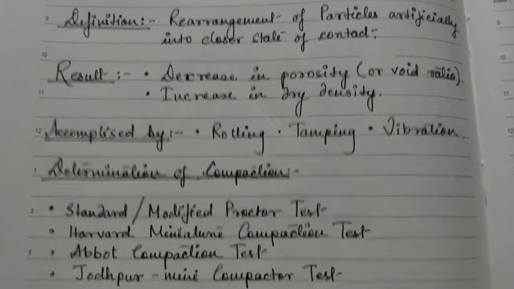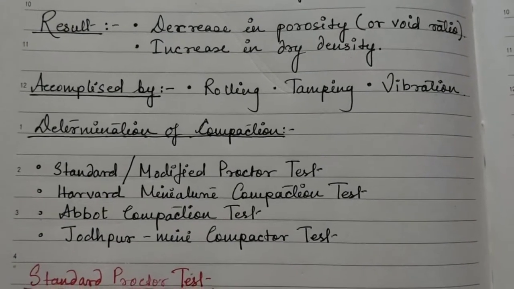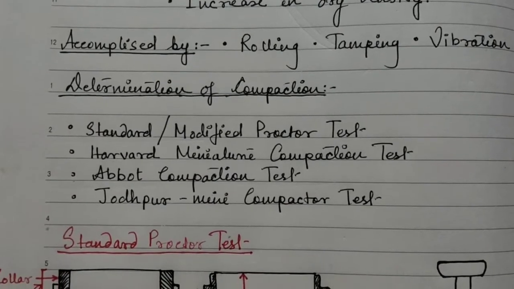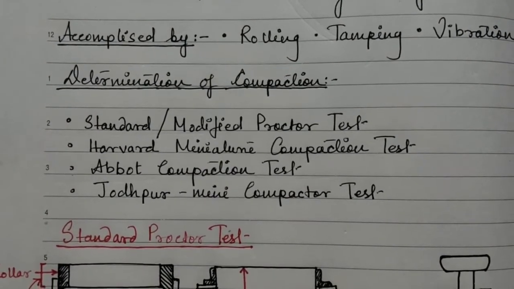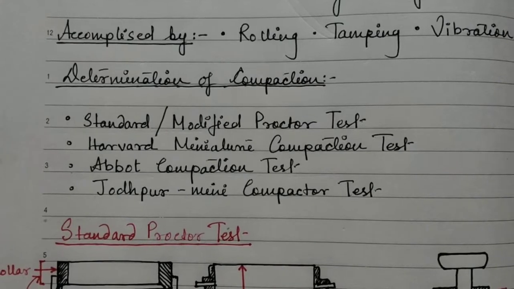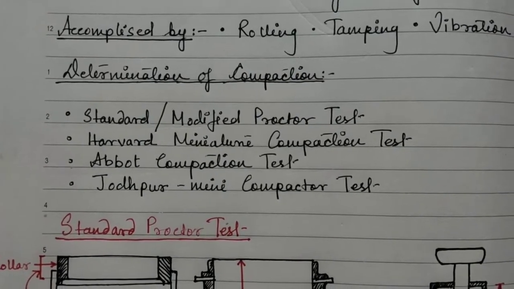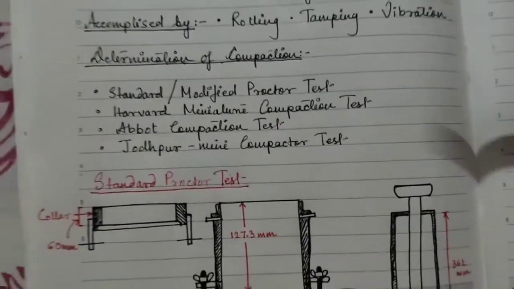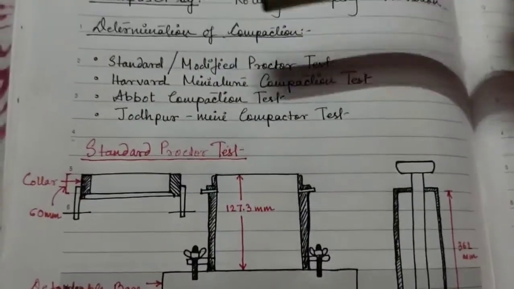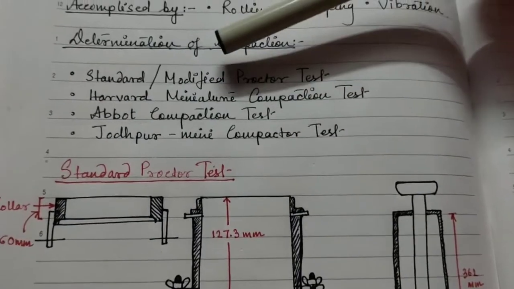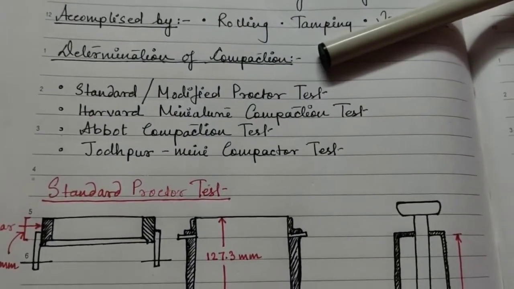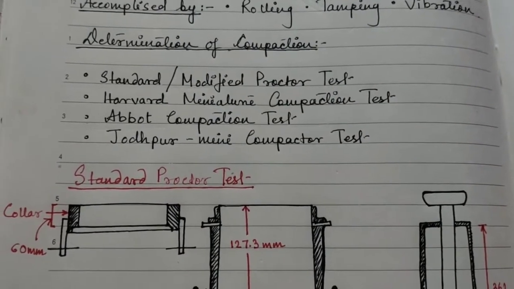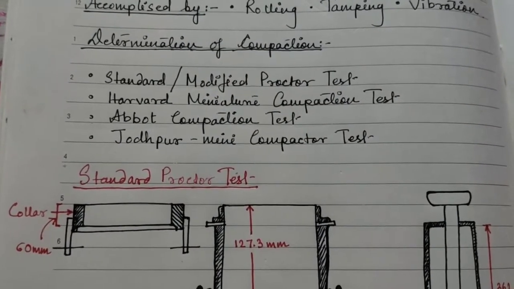These tests are the standard or modified Proctor test, Harvard miniature compaction test, Abbott compaction test, and Jodhpur mini compactor test. Among these tests, we will study only the first two, that is the standard Proctor test and the modified Proctor test. These two tests are of utmost importance for finding out the dry density of the soil.